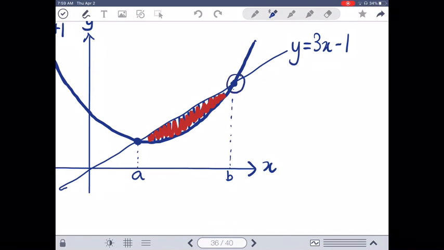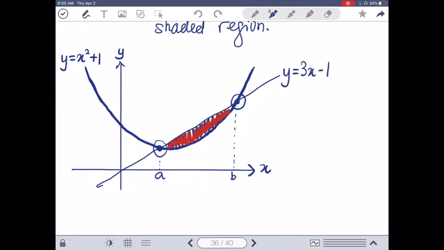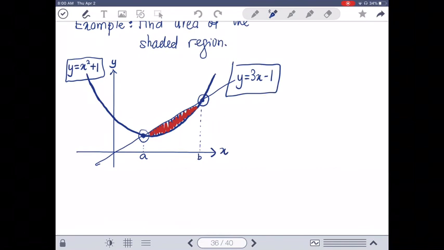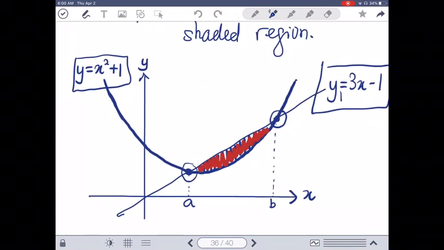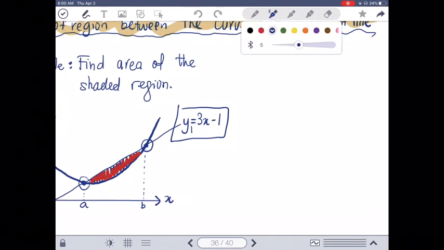So what happens here at point A and point B is that the equation of the straight line is equal to the equation of the curve. Say I name the equation of the straight line as y1 and the equation of the curve as y2.